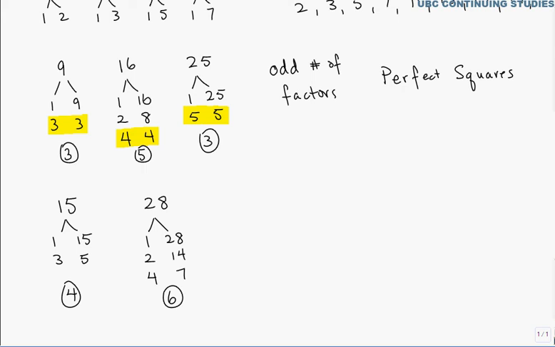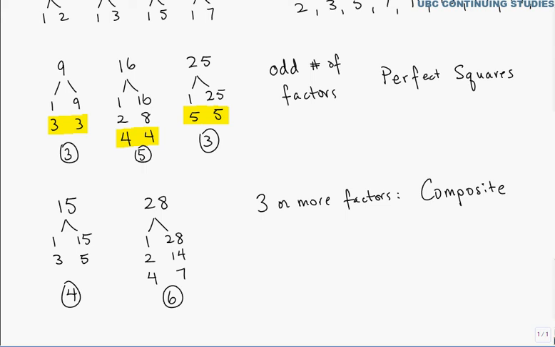If it has more than 2 factors, so 3 or more factors, then we call it composite. So we have prime numbers and we have composite numbers.